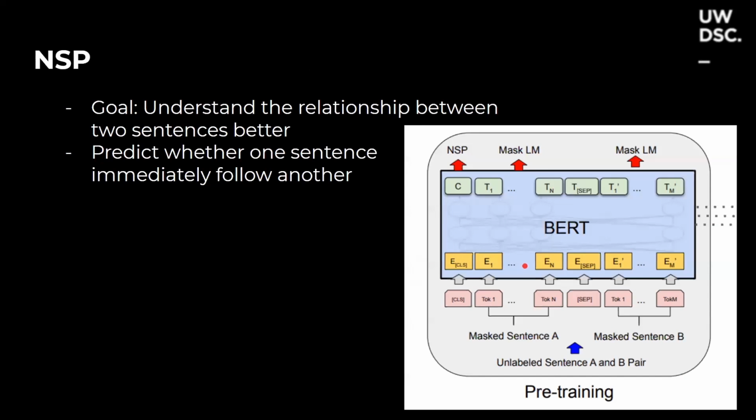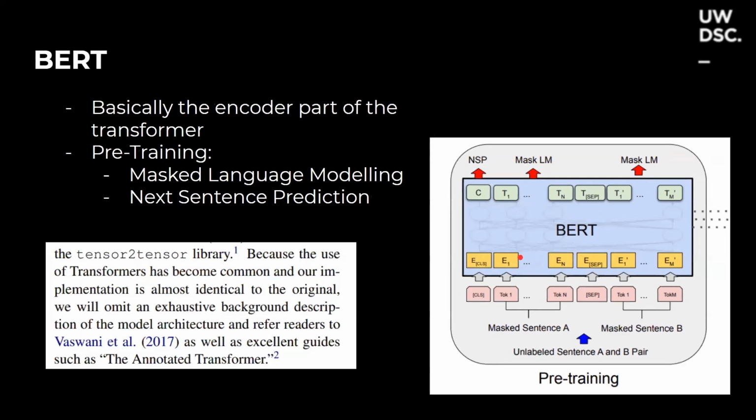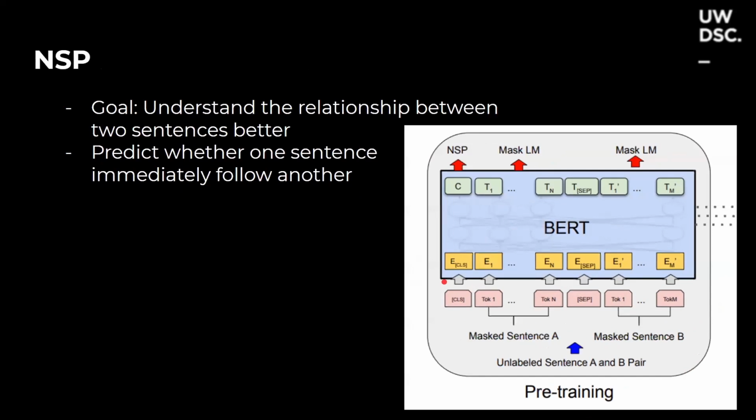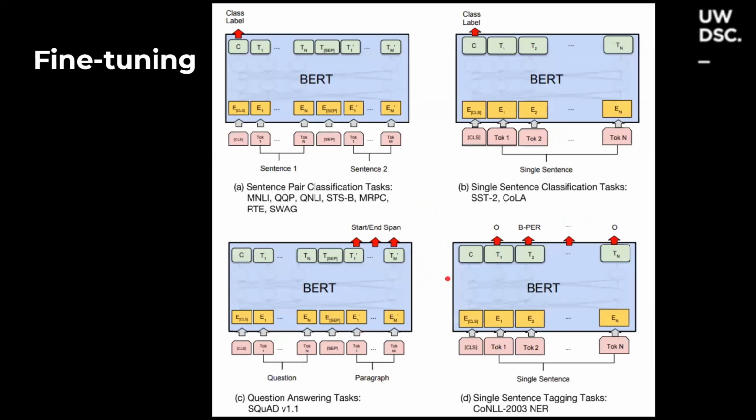So in here, we looked at pre-training, and this is just to get an understanding of the language that you're using. And after pre-training, we need to fine-tune it for different tasks. So for example, in a sentence pair classification task, this is basically the same usage as next sentence prediction.